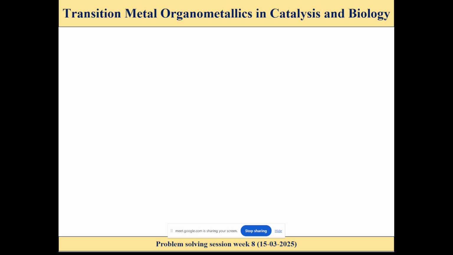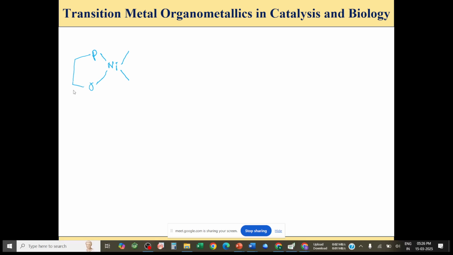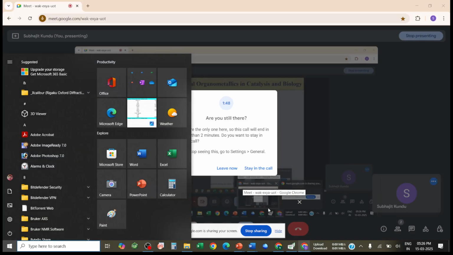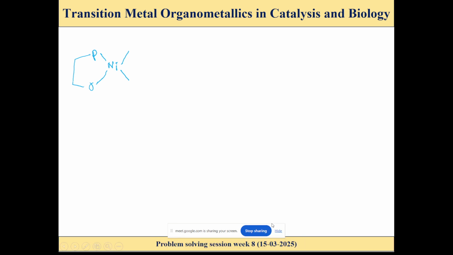So in our case, that is the SHOP process, the pre-catalyst is nickel, whose structure is nickel bonded to oxygen on one side and bonded to phosphorus on the other.